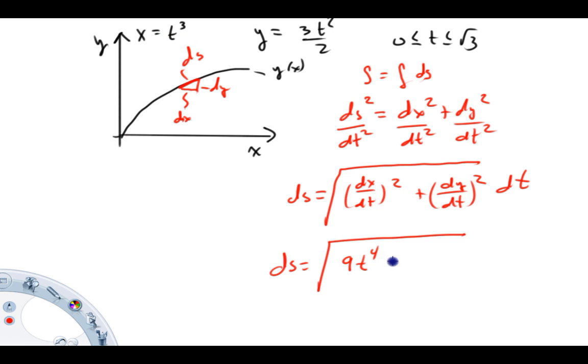Yep. Plus, okay, now (dy/dt) squared. So I look at my parameterization here. y is equal to 3/2 t squared, so dy/dt is going to be 3t to the first. Squared is going to give us 9t squared. All right, dt.